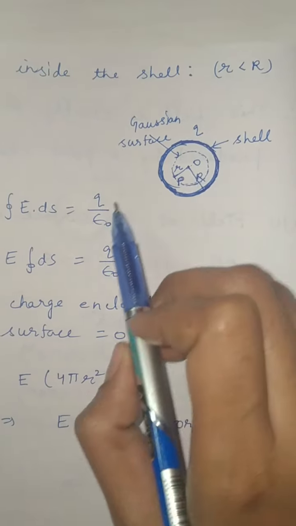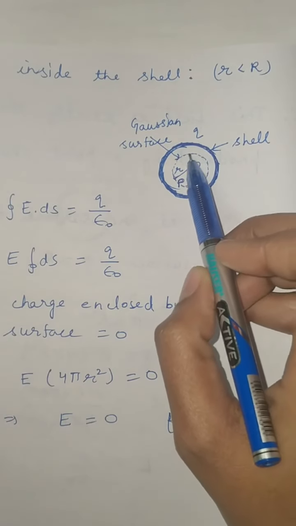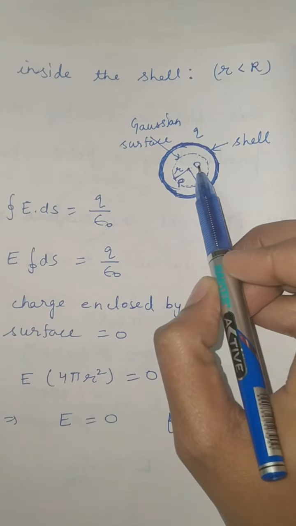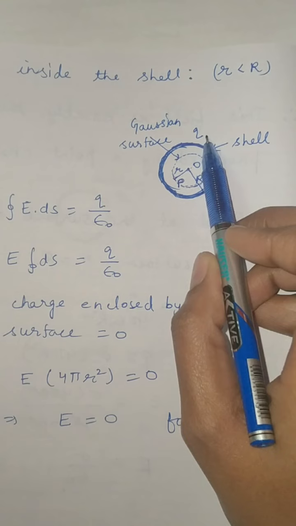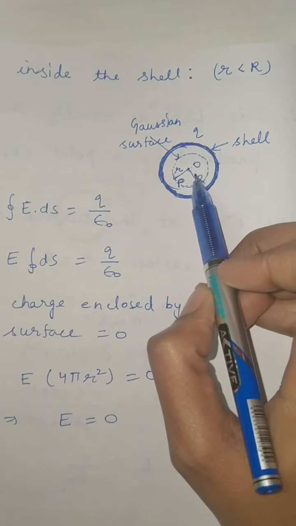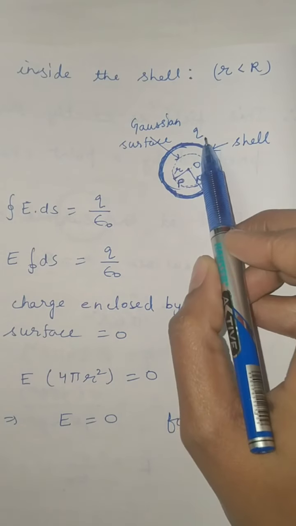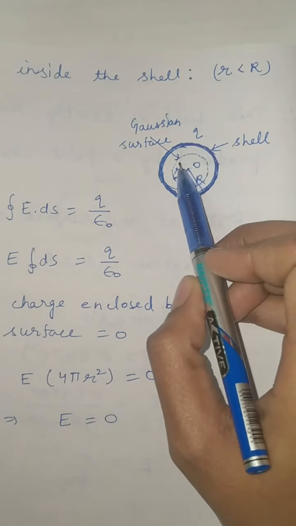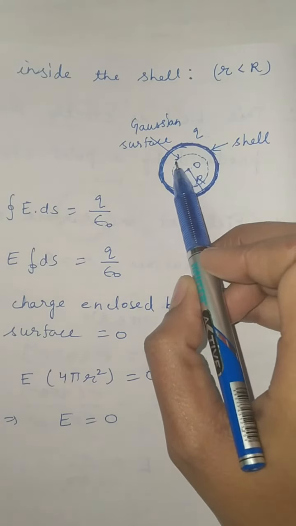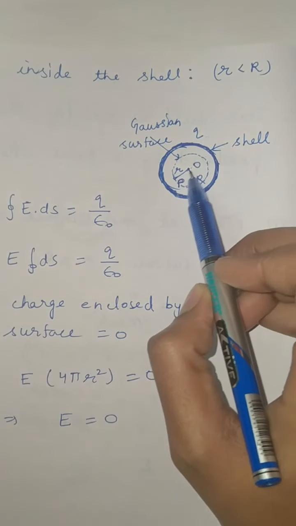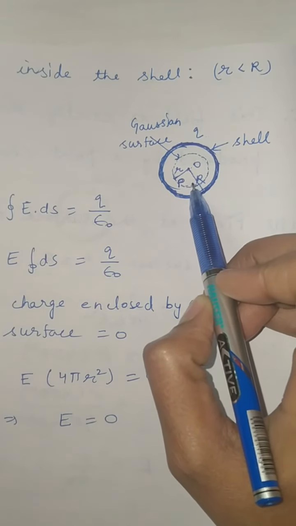If we want to calculate the charge on the Gaussian surface, it will be different from this charge q, because this Gaussian surface is not enclosing the whole charge q. It is enclosing less charge, which is only within this area.